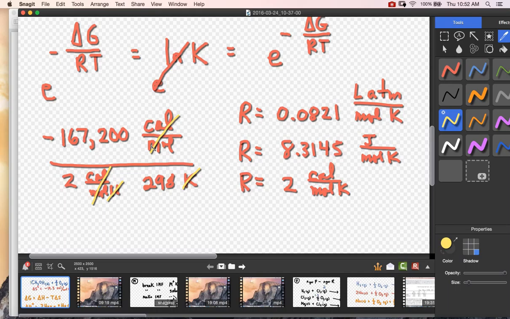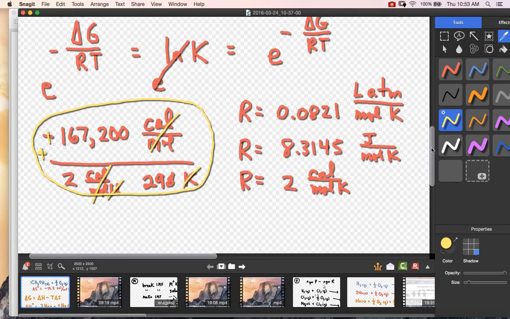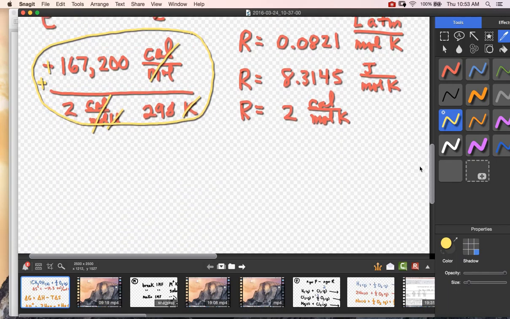So now all we have to do is plug and chug, and of course this will be what we take E to. And there's already a minus sign that's intrinsically here. So this will become a positive. Remember, a negative delta G should give a value of K that is greater than 1. In fact, significantly greater than 1.